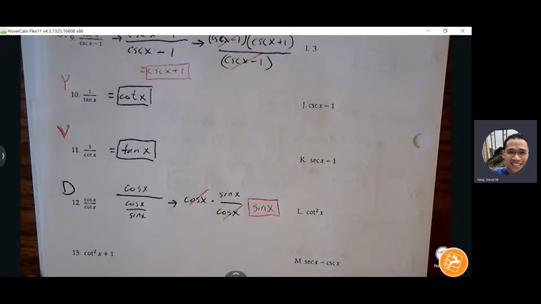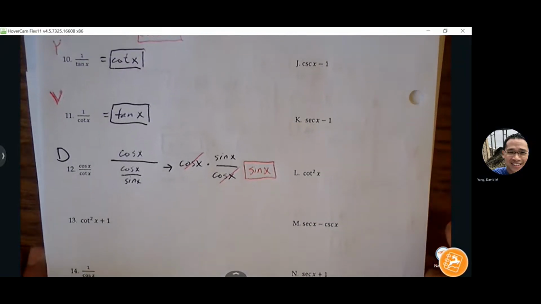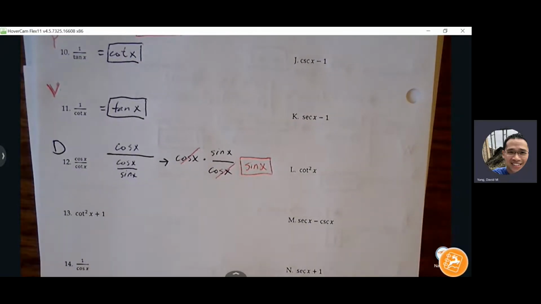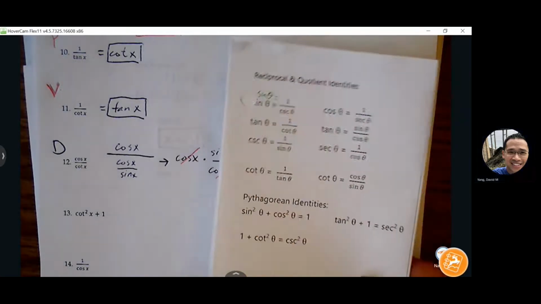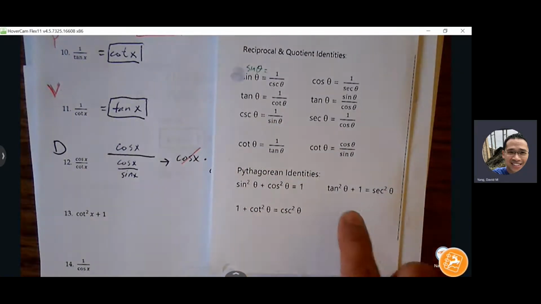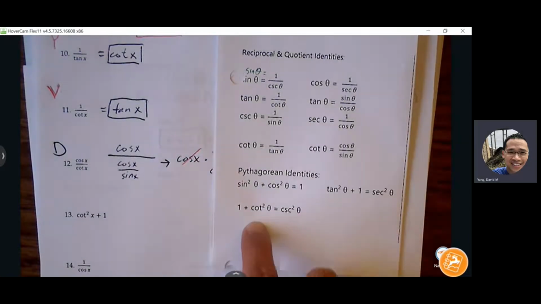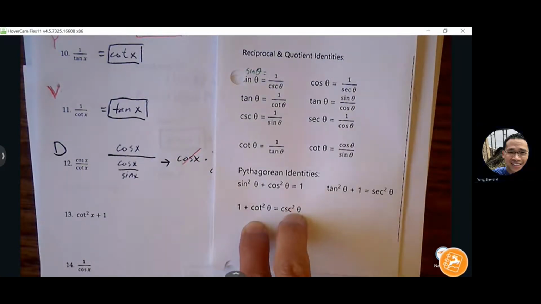Okay, number 13. Cotangent squared x plus 1. Yeah. So cotangent squared x plus 1, same thing as cosecant squared.